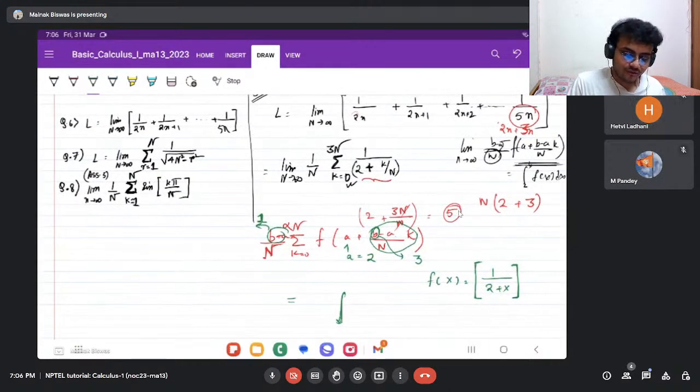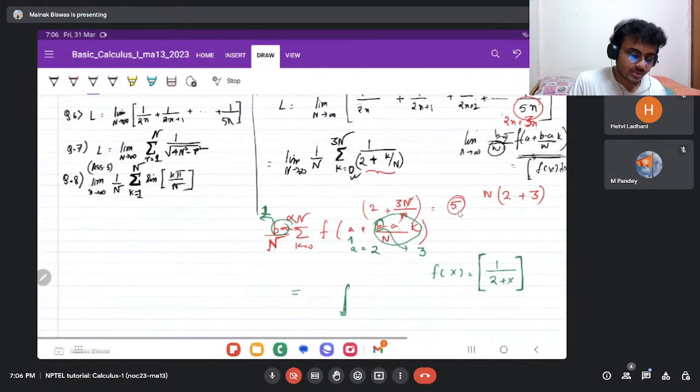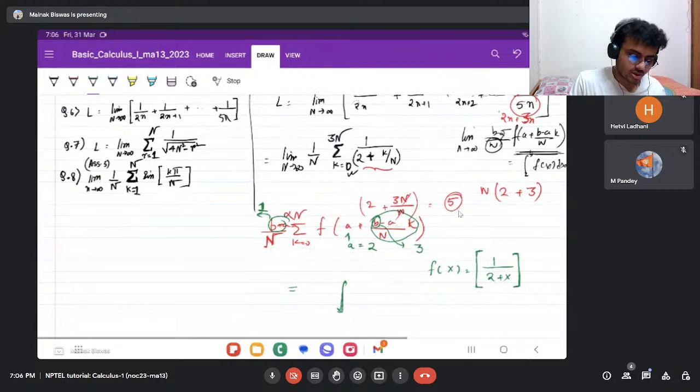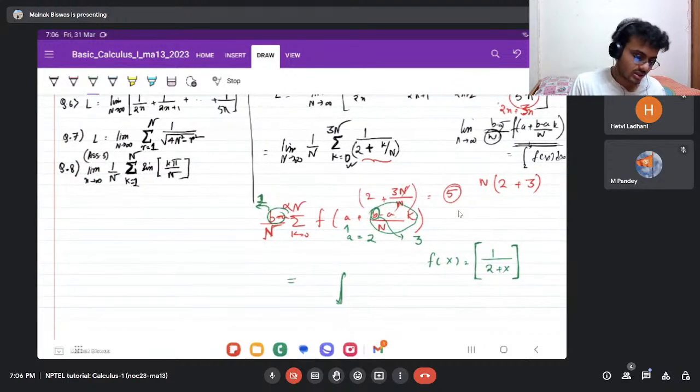So if you have f of x equal to 1 by 2 plus x, then you can write this integral between, I don't know, let me make a mistake. No, it's not a mistake. But why is it 3n? Okay. So it is 1 by 2 plus x dx, or rather we are going to integrate it from 2 to 3, right?